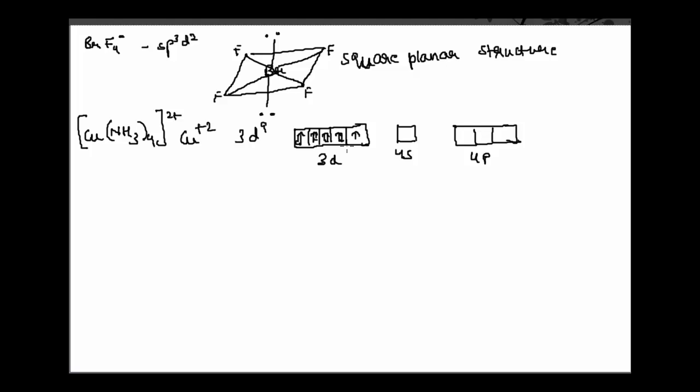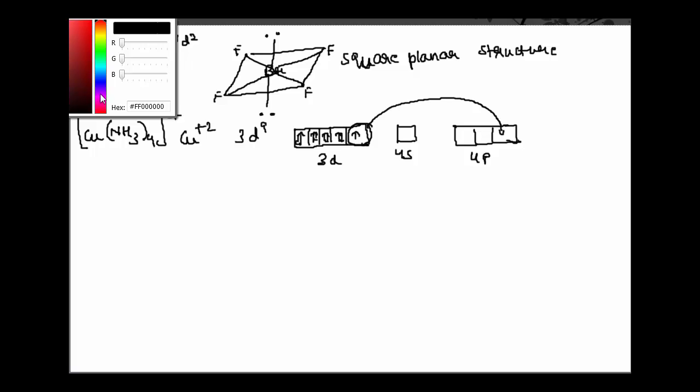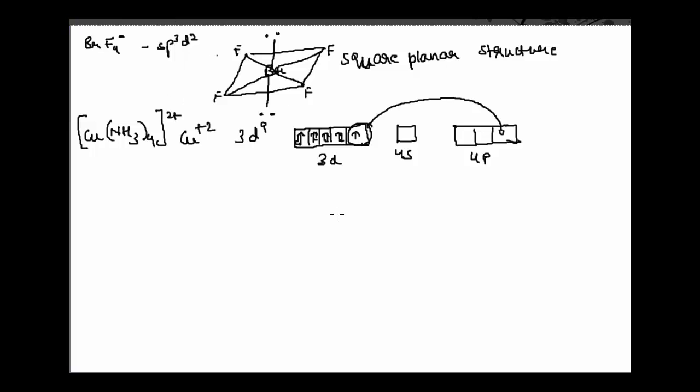However, this being an exceptional case which we generally study in coordination compounds, the amino and pyridine complexes of copper are always square planar in nature, because what happens over here is that this one unpaired electron goes to the 4p subshell, and as a result the hybridization which we get is dsp2 in nature.